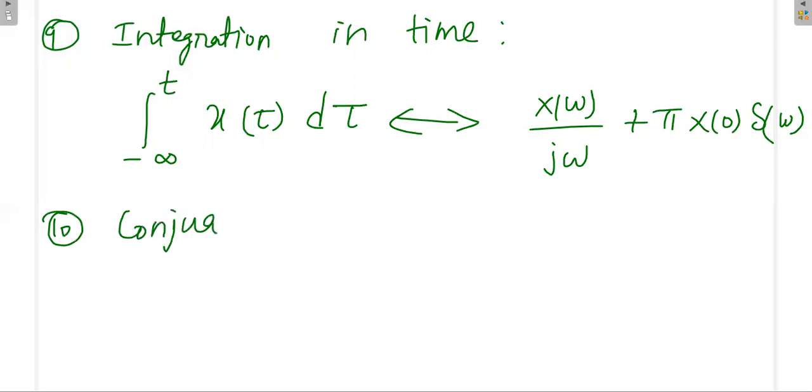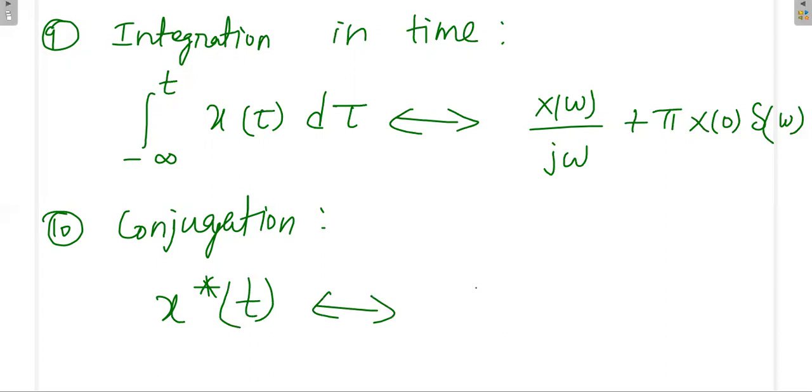Conjugation: x star of t Fourier transform pair X star of minus omega.